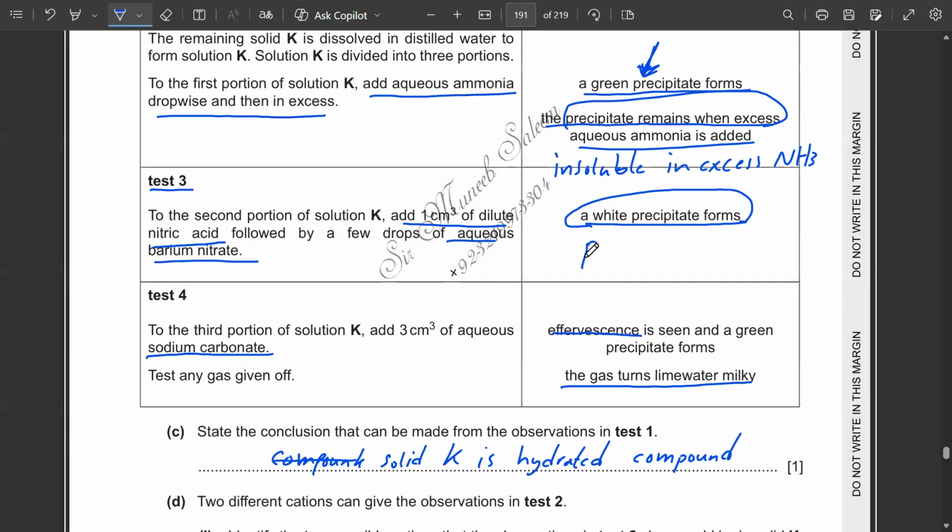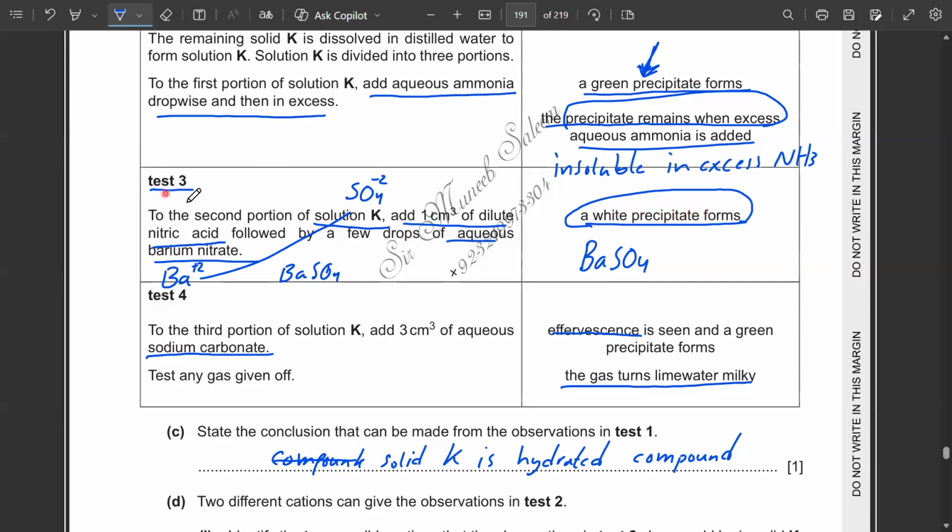It is BaSO4, barium sulfate. Remember this. BaSO4 always produces a white precipitate, which means the solution K has the sulfate ion present, because that sulfate ion, when reacted with the barium ion from the barium nitrate, they combine together and produce barium sulfate, and that barium sulfate has the appearance of the white precipitate.